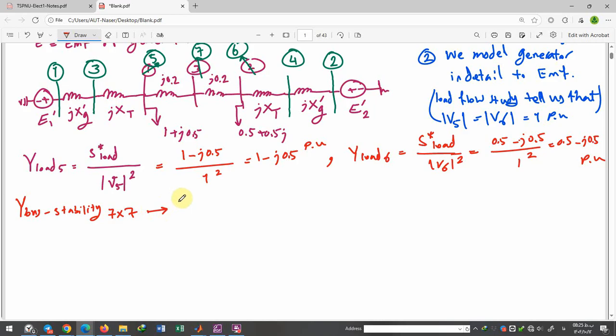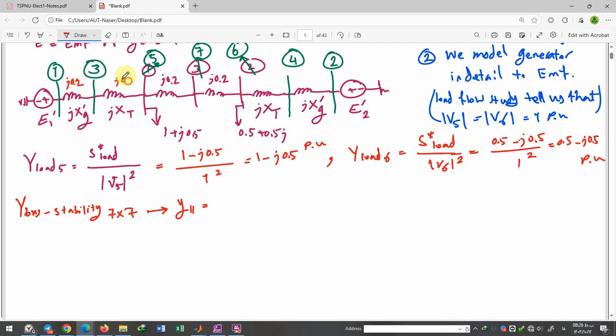Okay, for Y11, it is the inverse of the reactance of the generator only connected to bus number 1, and it is j0.2 per unit.